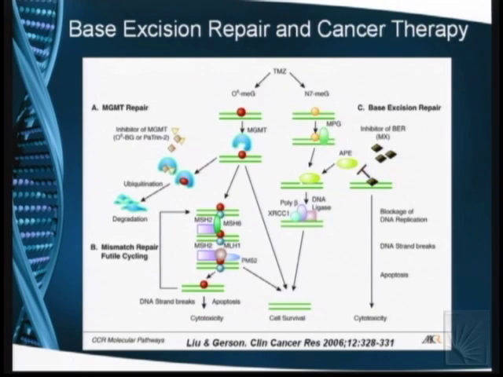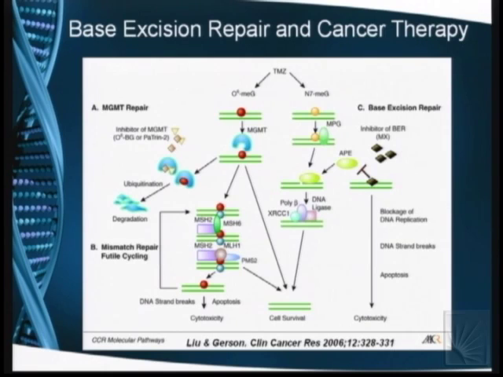And most of the damages created are in the form of this right-hand damage, and the rest are the O6-methylguanine. And this damage can be repaired through MGMT. That's a single protein that just removes this damage from the DNA.